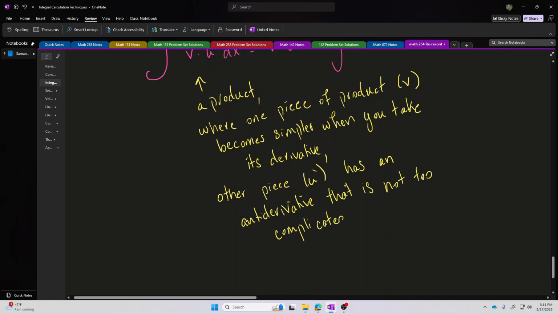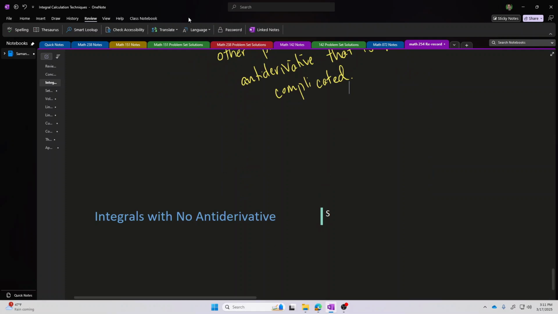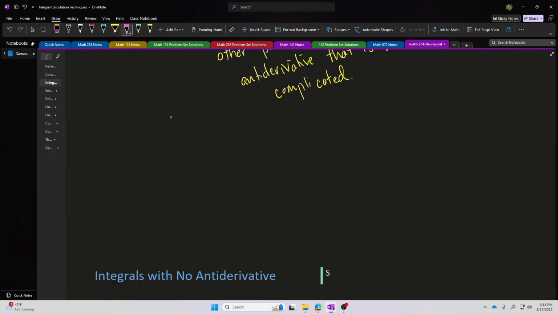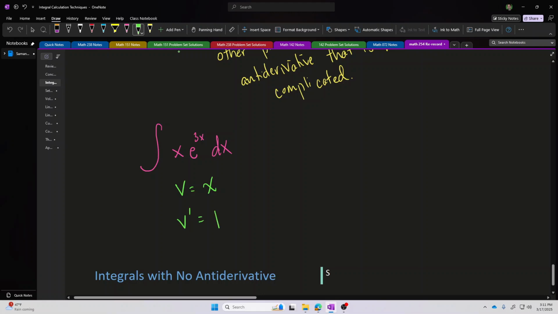So to give you an example of a situation where I would definitely be using integration by parts, let me give you, for example, the integral of x times e to the 3x dx. When I look at this example, I would be thinking of x as the function which becomes simpler when you take its derivative, because when you take the derivative of x, it just becomes a constant.